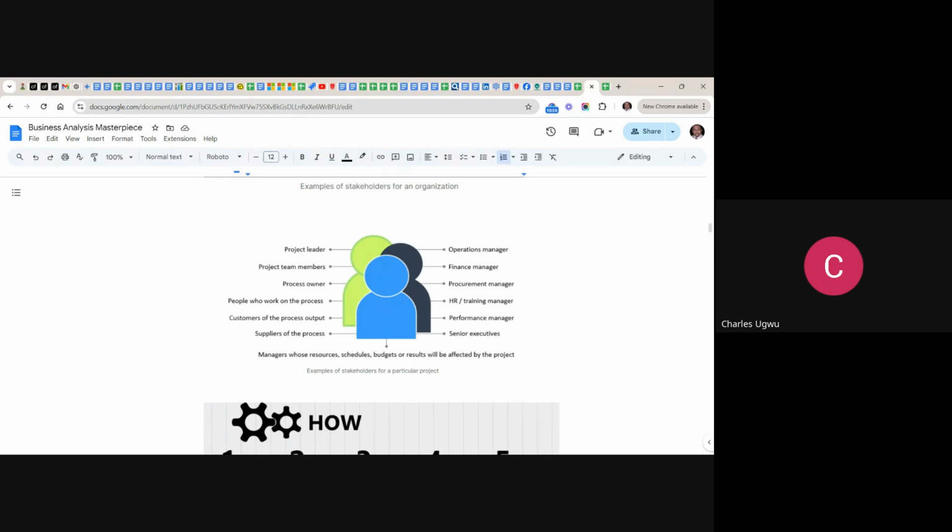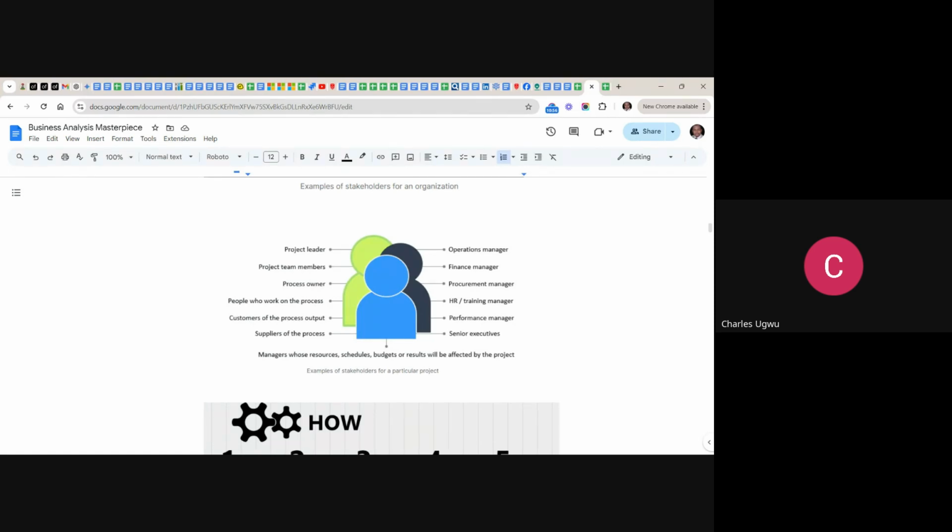Why I'm so particular about these stakeholders is because most of the problems people face in projects revolve around project stakeholders. In most cases, you are going to get fired because you are having issues with one stakeholder or the other. You are not meeting the expectation.